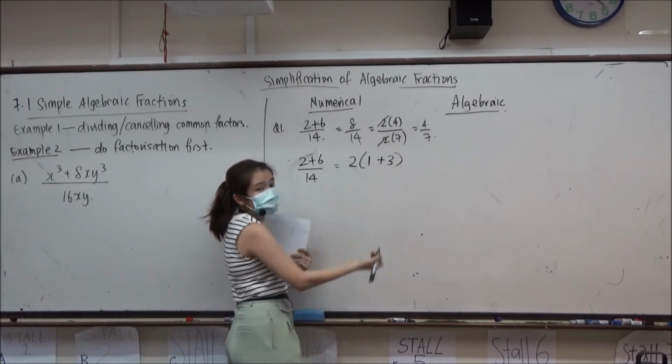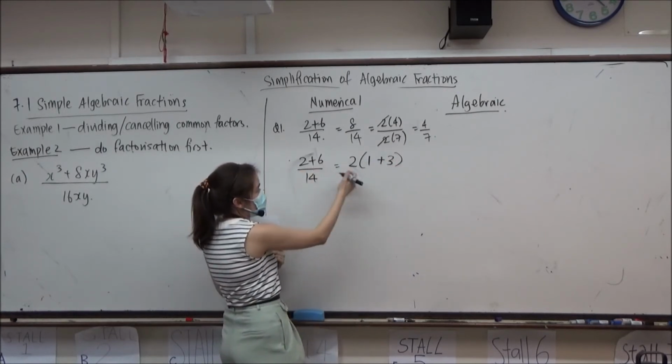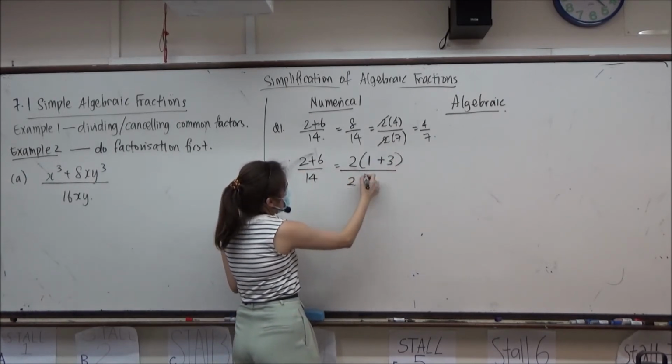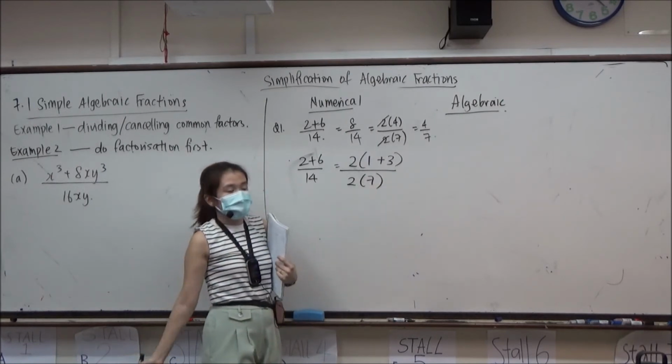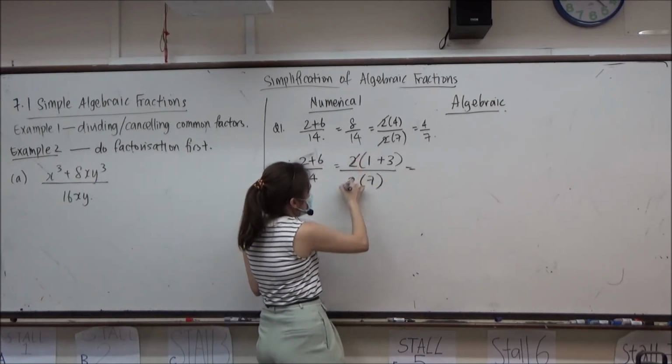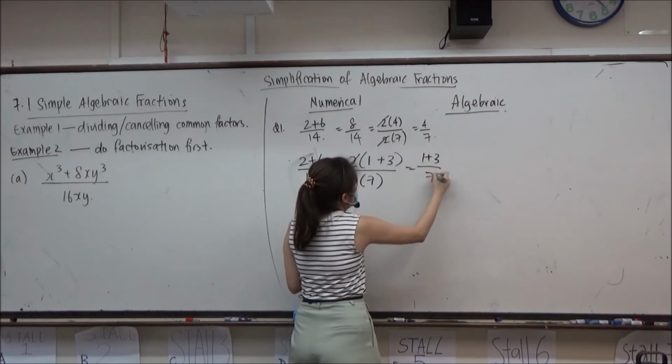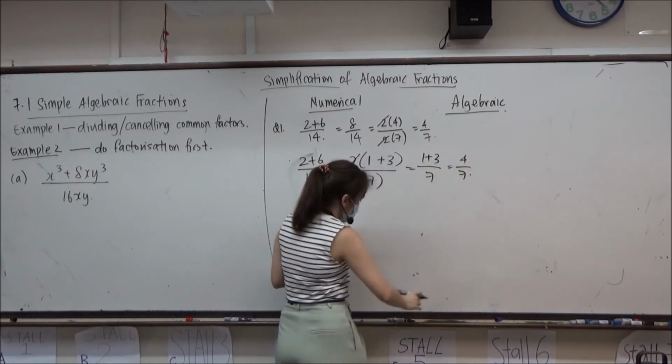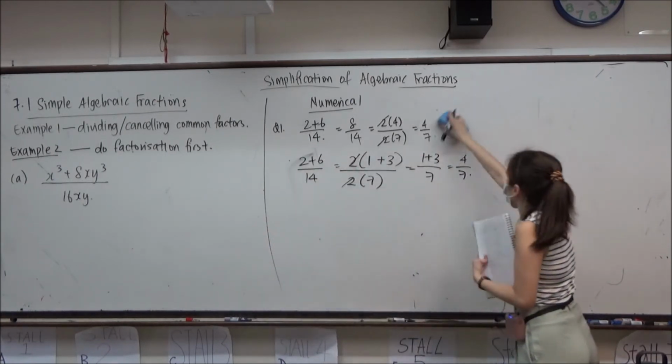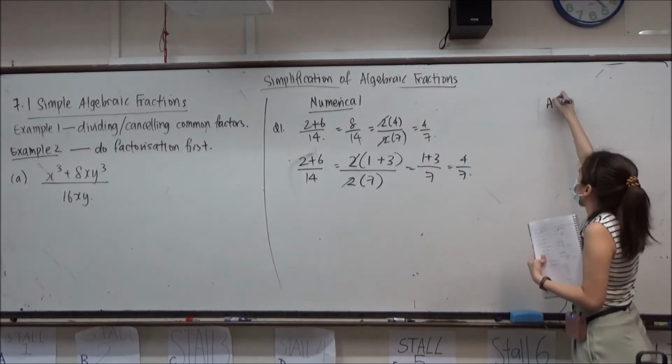So actually if I do rainbow, I will get back 2 plus 6. So 14 is 2 times 7. Then I can also cancel the 2, 1 plus 3 over 7, which is also 4 over 7.